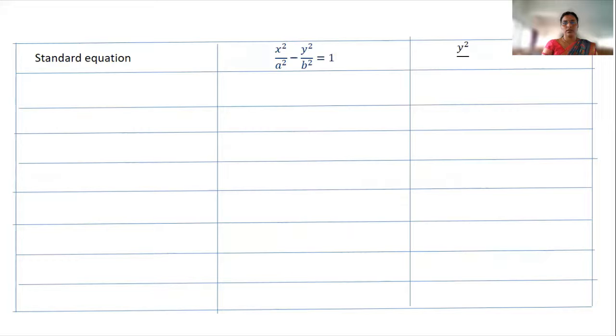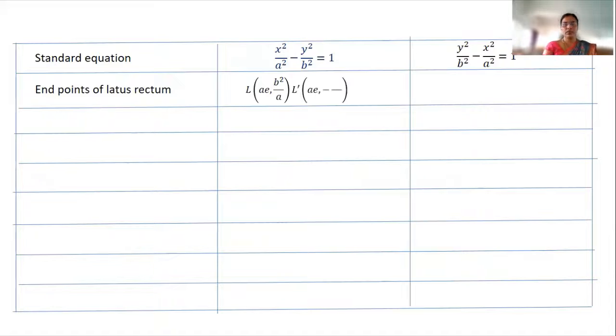Next term is the endpoints of the latus rectum. For the standard hyperbola, L (ae, b square upon a) and L dash (ae, minus b square upon a) are the endpoints of the latus rectum. And for the conjugate hyperbola, L (a square upon b, be) and L dash (a square upon b, minus be) are the endpoints of the latus rectum.